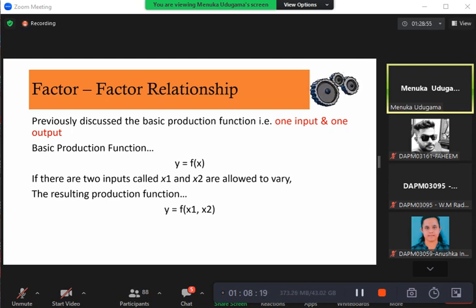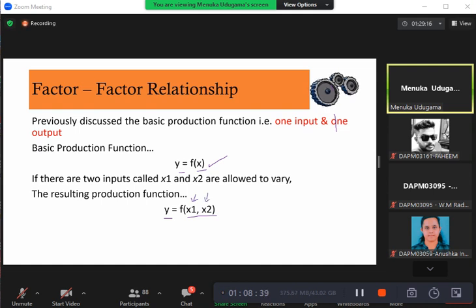What are the two factors? One input and one output. Sorry, two inputs and one output. Earlier we looked at one input, one output. Now we will look at two inputs and one output. So this could be two fertilizers, right?